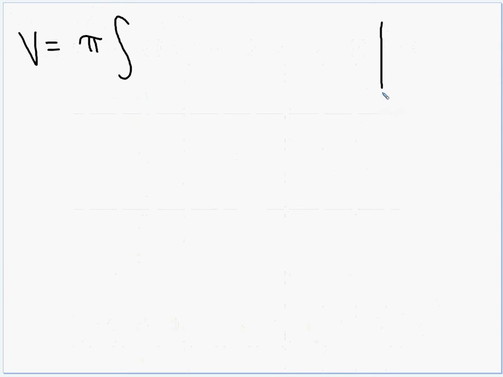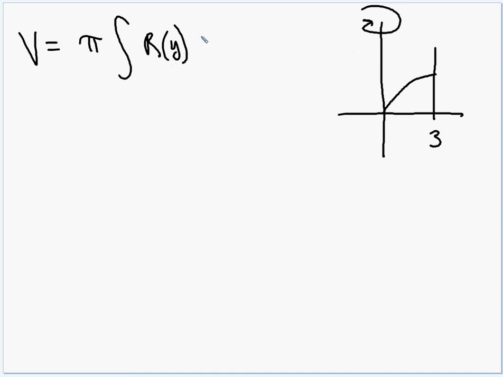Let me draw a little picture here real quick. So here is our plane region to 3, and we're going to rotate it around the y-axis. So we're going to need an R of y, capital R of y, that's our outer radius, minus lowercase r of y, that is our inner radius. So we've got the pi.